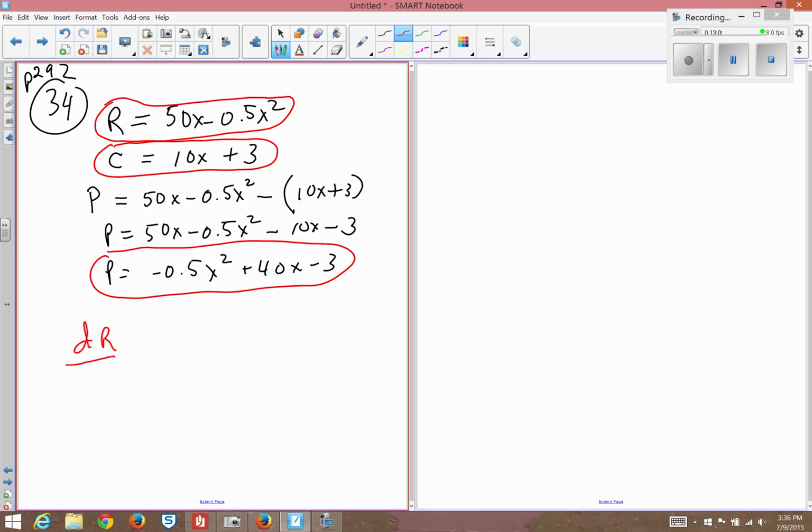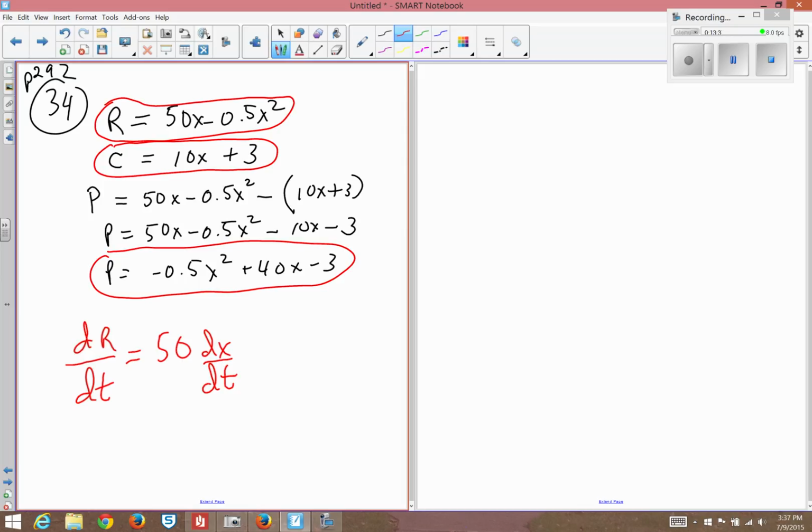But it says with respect to time. So a dt would go down here. We use something called implicit differentiation because the derivative of 50x is not 50. It's 50 times the derivative of x with respect to time.